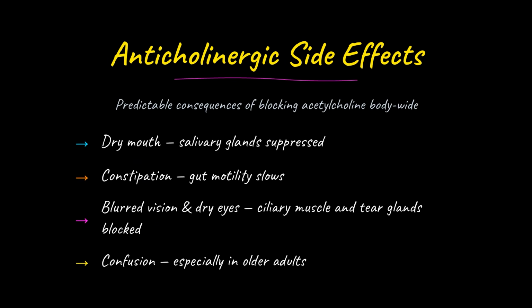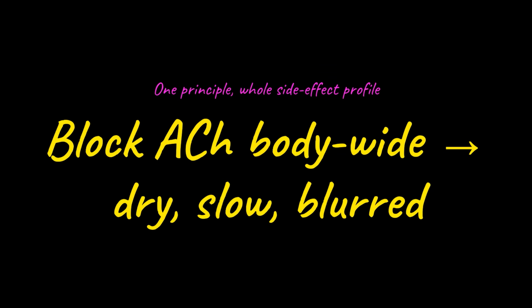These are not random surprises, they are exactly what the mechanism predicts. Patients starting oxybutynin should expect these effects and know simple strategies: sips of water, sugar-free candy, fiber, and fluids to stay comfortable. Recognizing oxybutynin as an acetylcholine blocker lets you predict and prepare for everything it does.